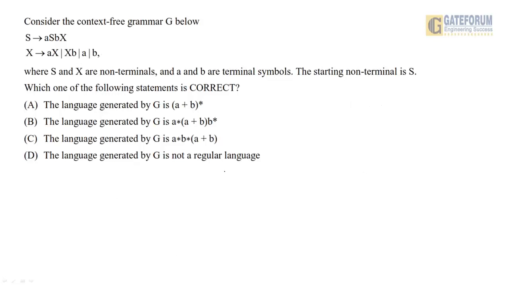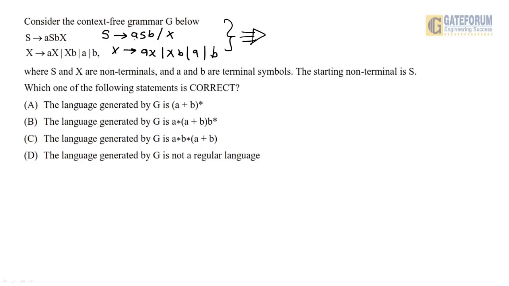See here, there is one mistake in the question printed here. Actually this is S gives you A S B or S, okay, and X gives A X, X B, A and B. Exactly, that would be the question. So let's see here. Now we need to check what would be the result corresponding to that.